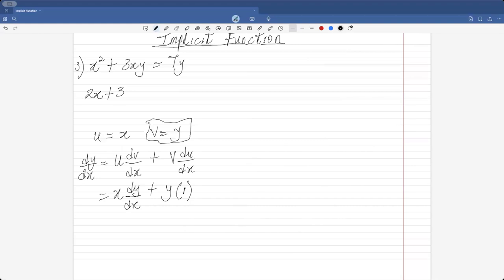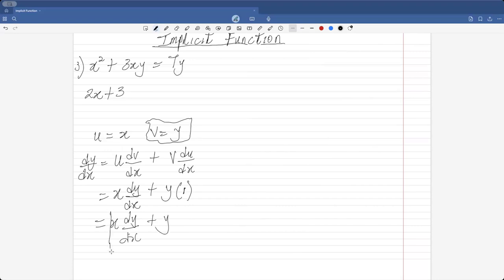And like I said earlier, whenever you are differentiating y, always add dy/dx. It's very important. So in this case, we open parentheses, and of course we have our final answer here to be x dy/dx plus y.